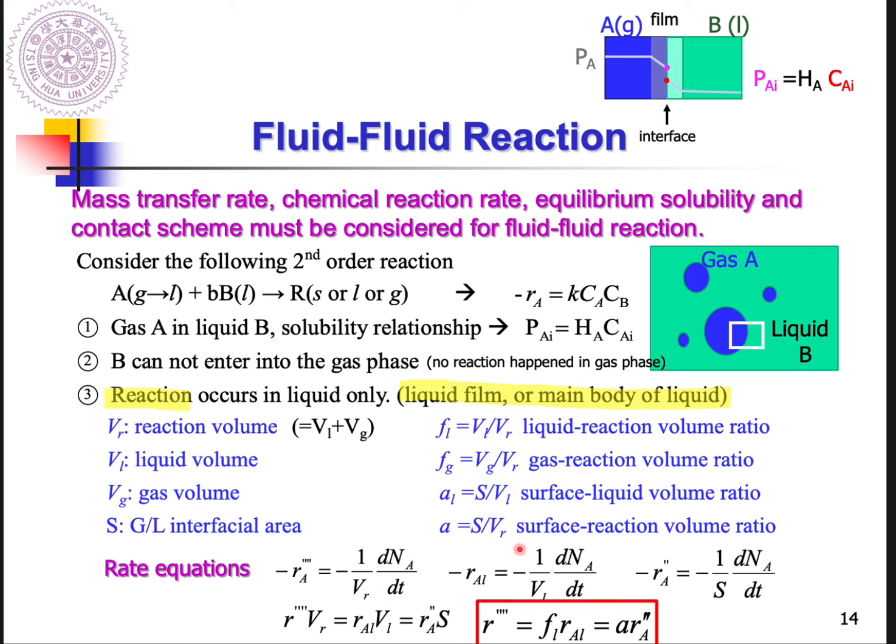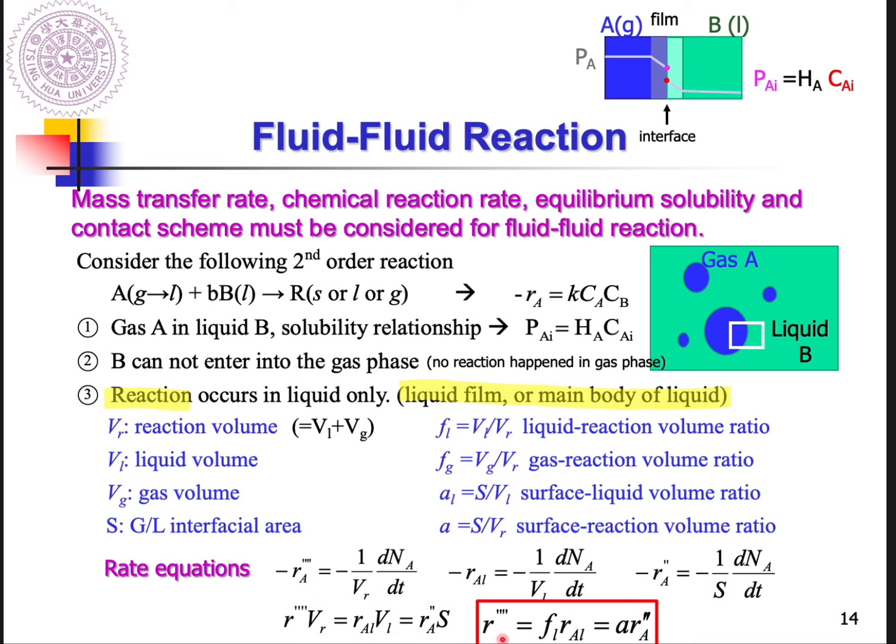So as long as you know these three different expressions in different units, then you know the consumption of reactant A can be expressed as r_A prime times V_R, or r_AL times V_L, or r_A double prime times S, right?